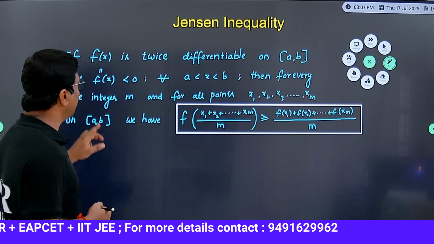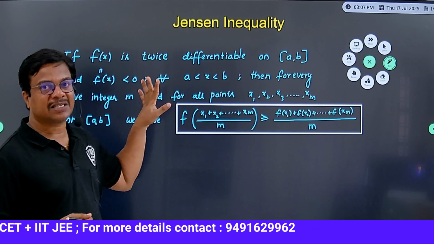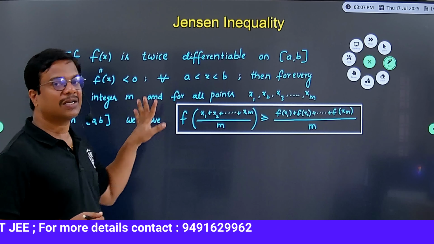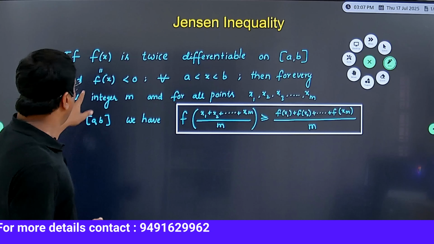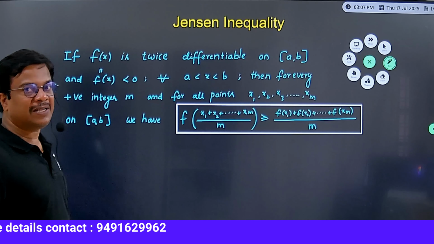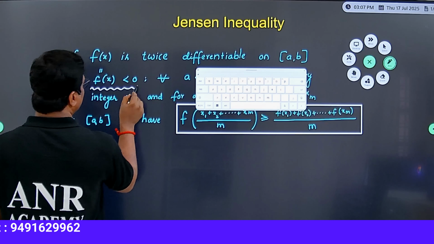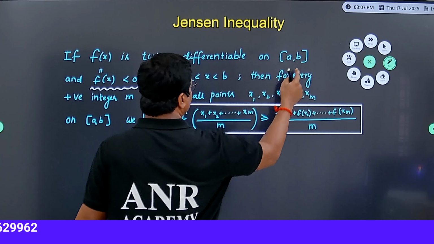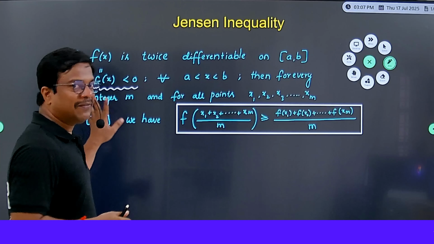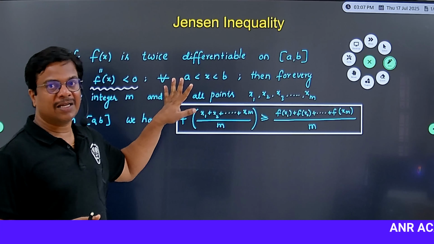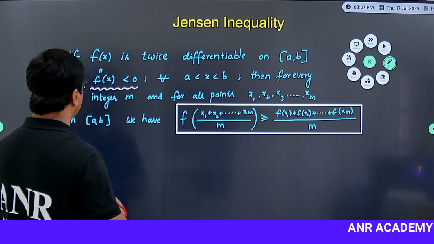See the statement. Given f of x is twice differentiable on closed A comma B, and its double derivative is less than 0. The meaning here is that the function f of x on the interval is concave down.